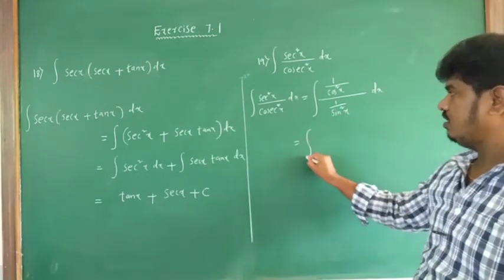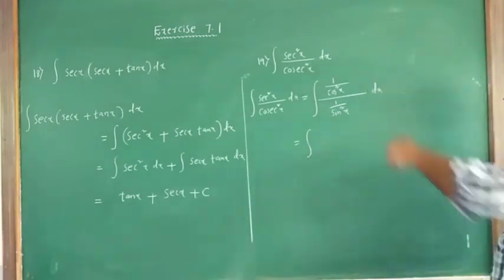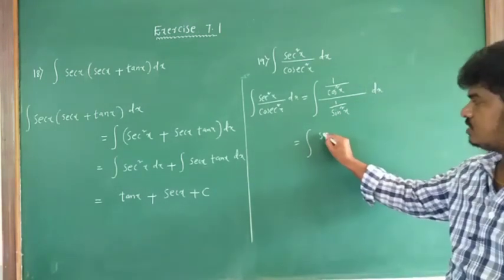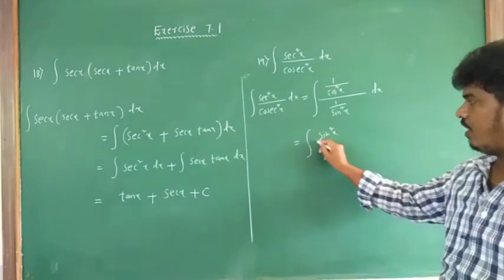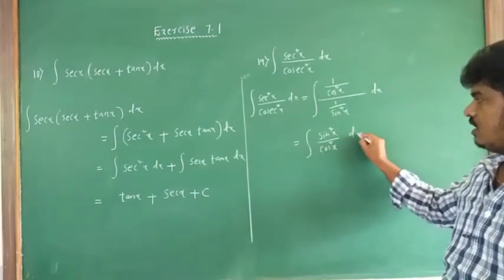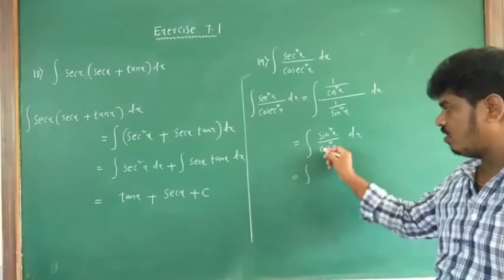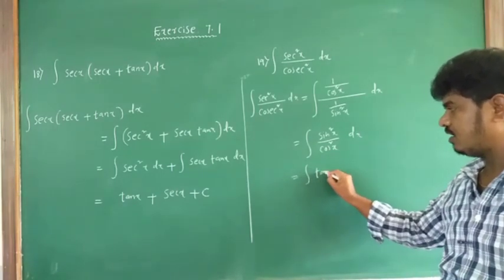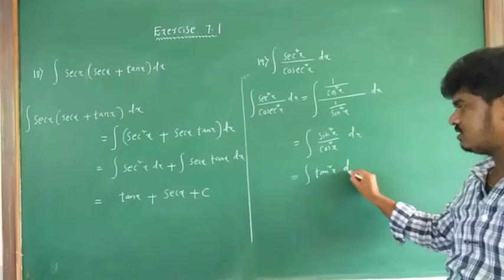This sin square x will go up, so sin square x divided by cos square x dx. Sin square x divided by cos square x is tan square x dx.